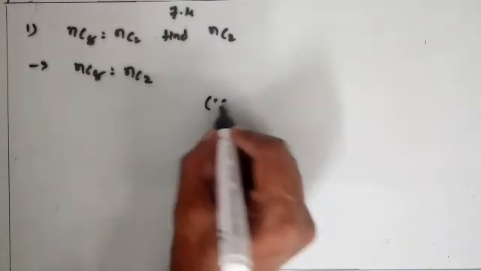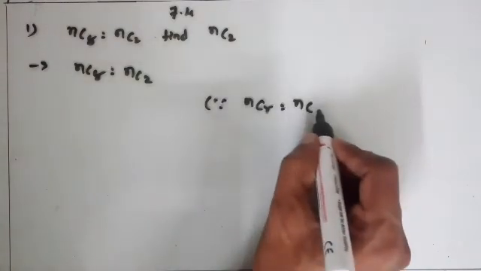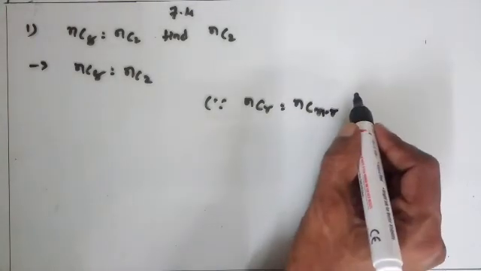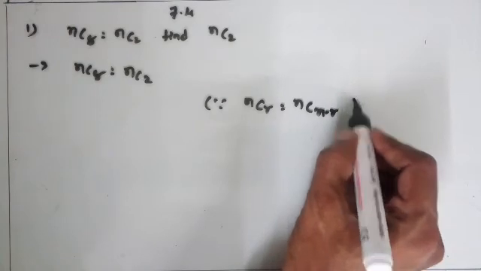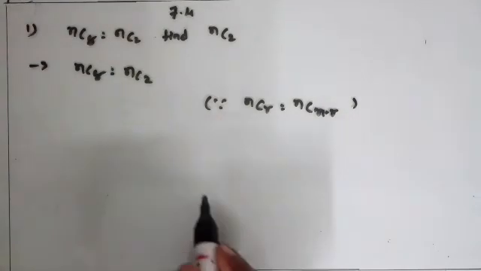So here we apply the formula nCr is equal to nC(n minus r).